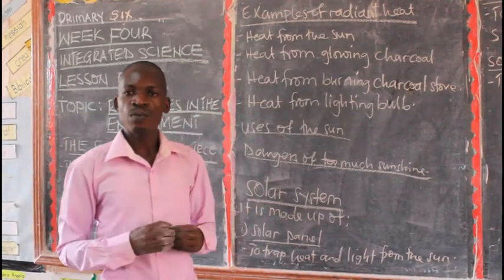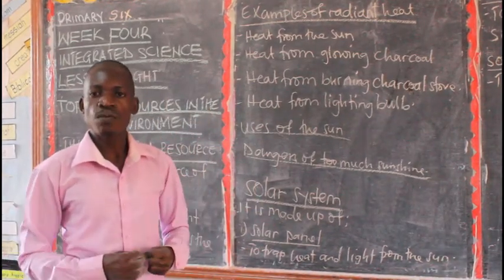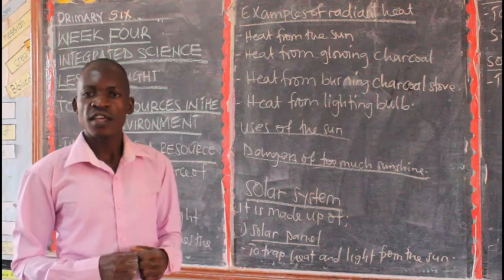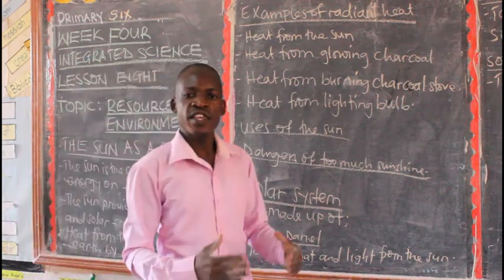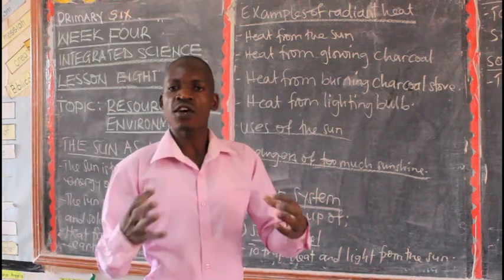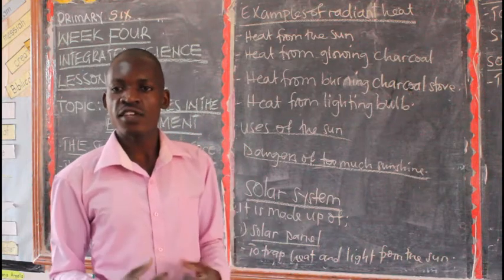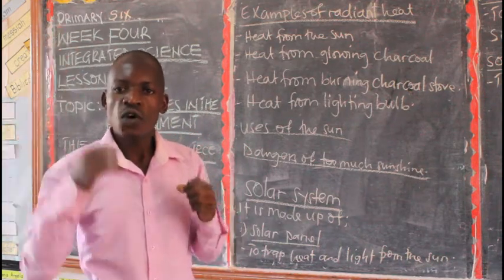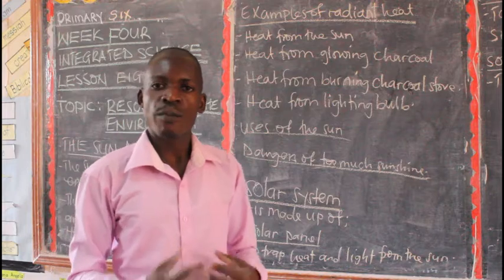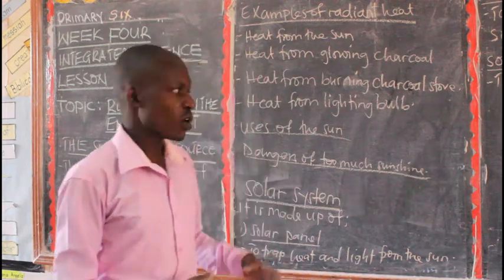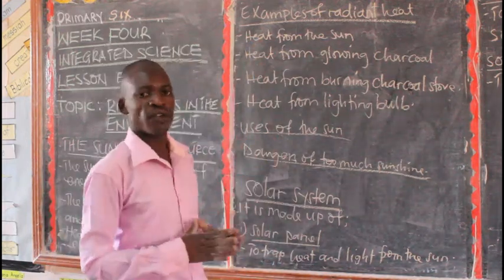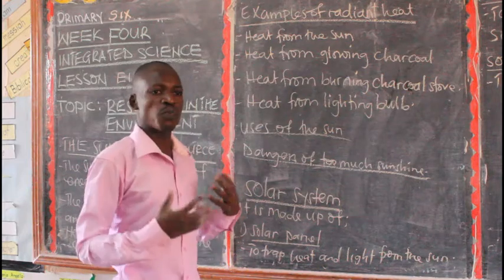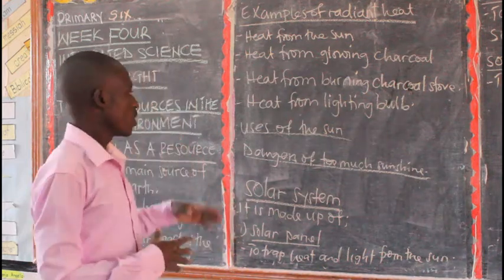The heat from the bulb reaches you in the living room by radiation. Heat from the charcoal stove, if you are near it, you get that warmth by radiation. Heat from the sun also reaches us on the earth by radiation. So these are some of the examples of radiant heat, or materials that produce heat by radiation.